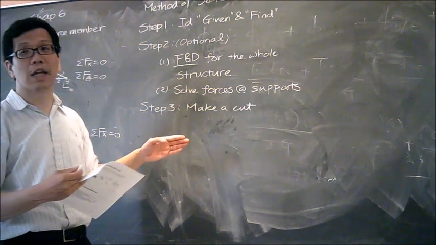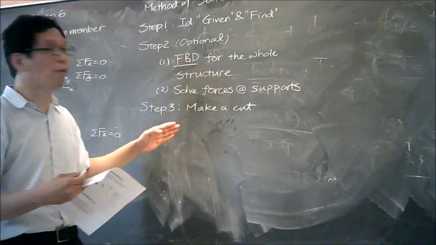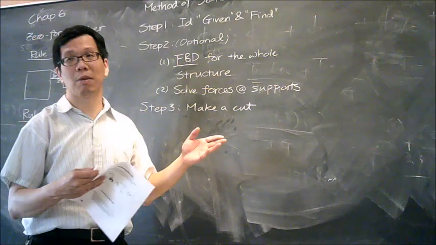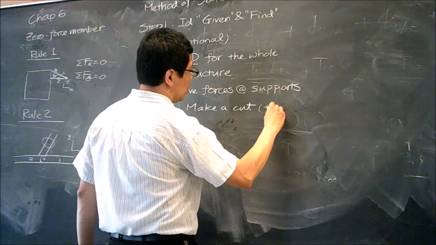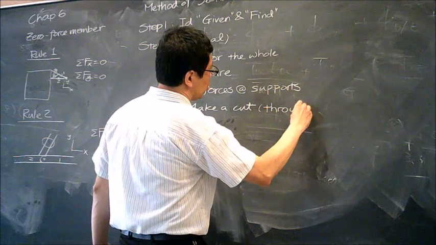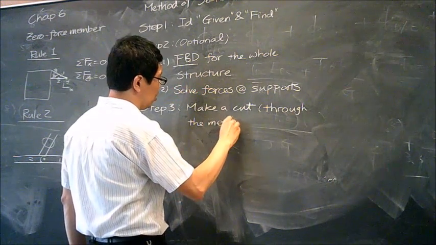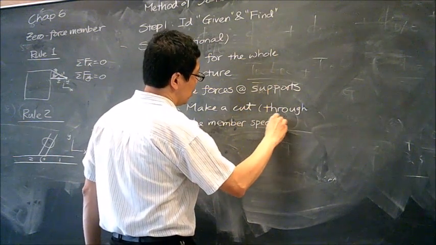If you fail to do that, you have no idea what the force is in that specific member. So in order to do that, we need to make a cut through the specified member.